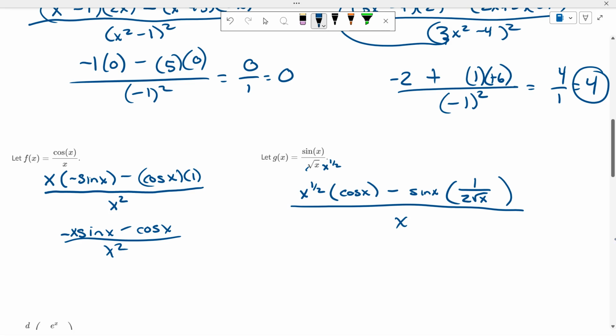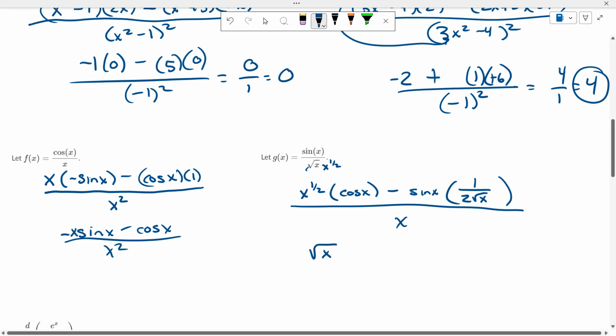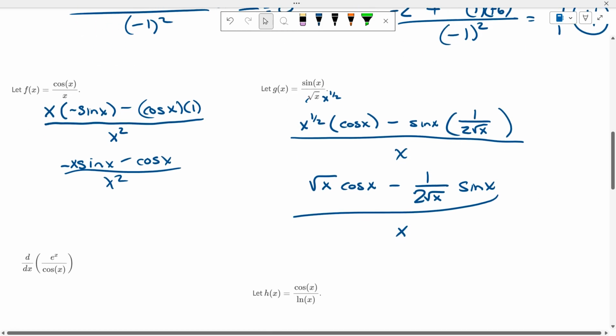So we have the square root of x cosine of x minus 1 over 2 square root of x sine of x over x. The problem with this is it's a complex fraction, right? So I'm going to multiply my denominator by 1 over x and everything in my numerator by 1 over x.